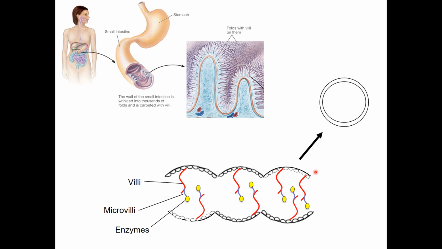So again, we have a bunch of cells on the wall of the small intestine. If we zoom in, we'll see that each of these cells has a cell membrane surrounding it. Our nutrients need to find a way to pass the cell membrane in order to be absorbed and stored into these cells.